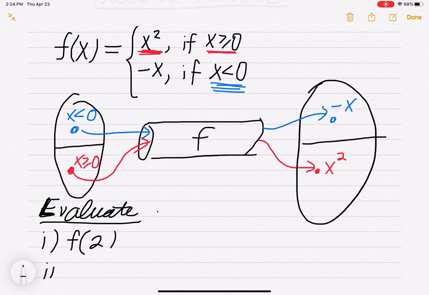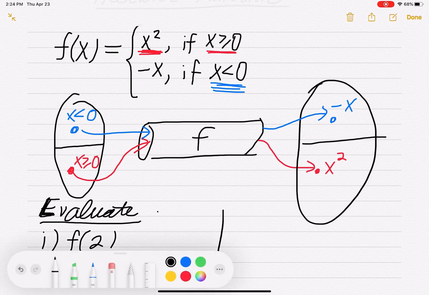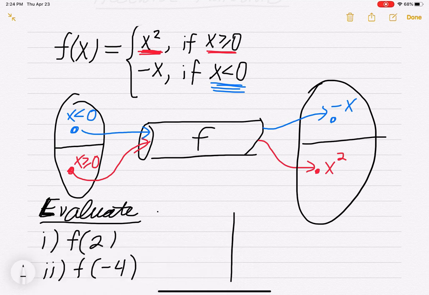Number two, let's say we want to evaluate f at -4. Number three, let's say we want to evaluate the function f at 0. And number four, let's say we want to evaluate the function f at -1.